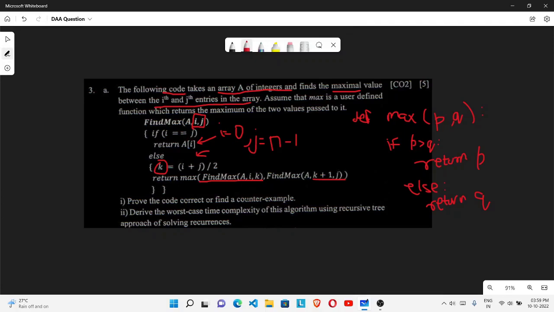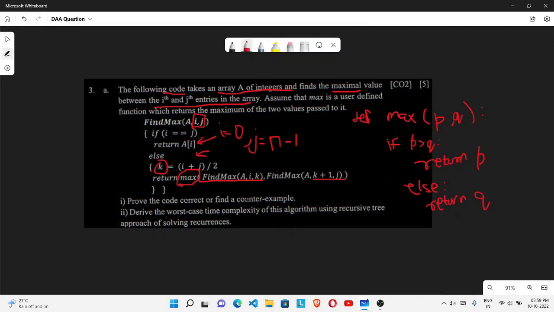It's basically dividing the array into two portions and then finding the maximum in each individual portion. So if I have an array of size 6, it will first find the maximum in the first three elements, then the next three elements, and then among them it will compare and print the final output.